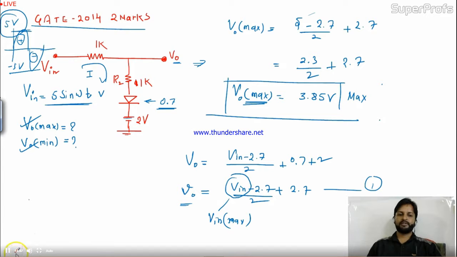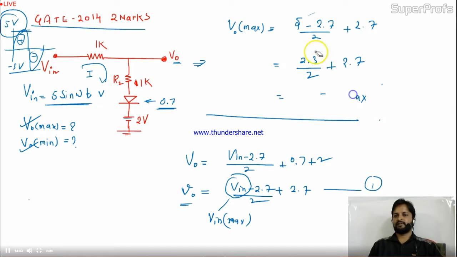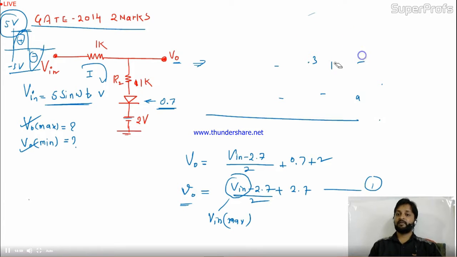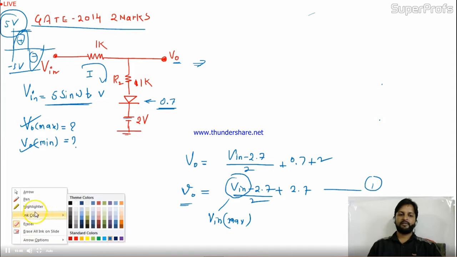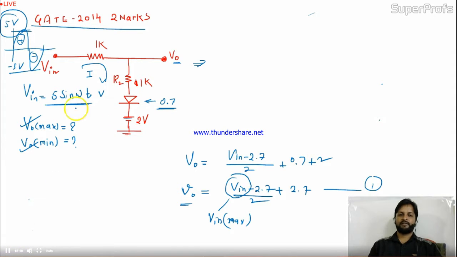Now come to the minimum value of V0. Let me erase it. So where do we calculate the minimum value? At the minimum value of input or not? Tell me. If you want to calculate the minimum value of V0, you will consider the minimum value of V in. What is the minimum value of V in? That is -5. But think about this.